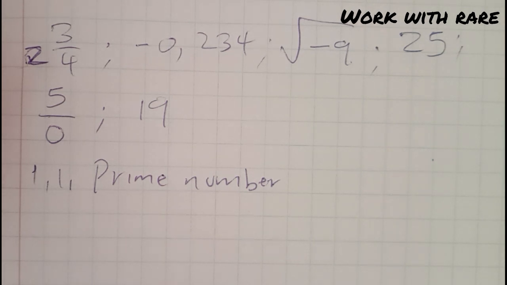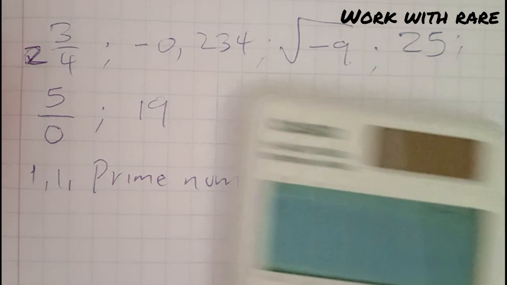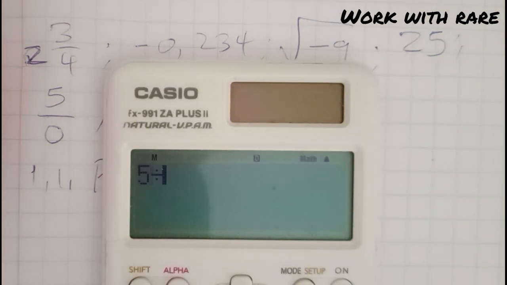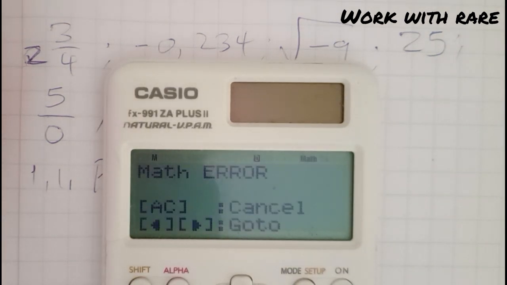25. Factors of 25 are 1, 5, and 25. So it's not a prime number because it's not only 1 and itself, which is 25. 5 is also included. 5 over 0, 5 divided by 0, maths error.